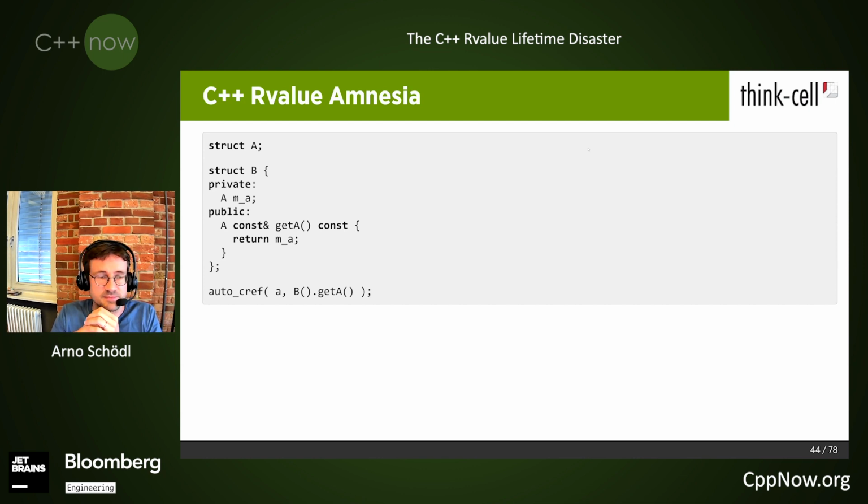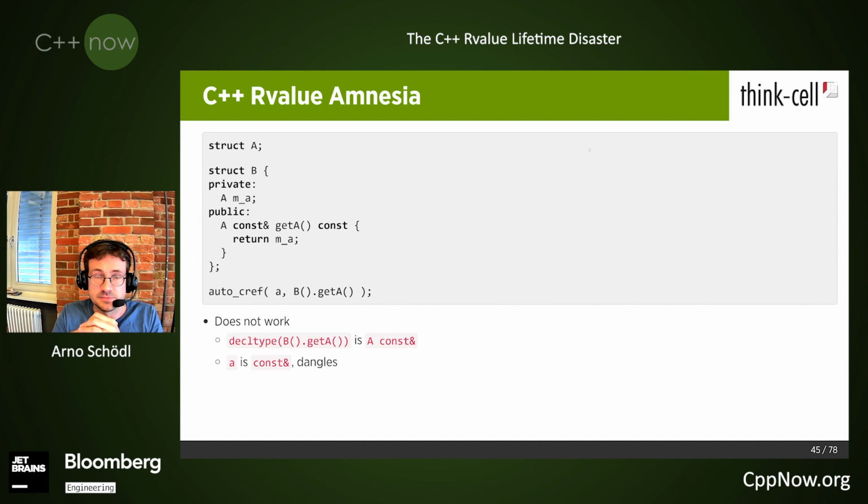We made the member private, as you should. But now what happens? It doesn't work, because the declaration type, the decltype of b.getA is of course now a const ref. That's how getA is declared. Now, if the A is const ref, the auto cref doesn't do a copy, and then the whole thing dangles.